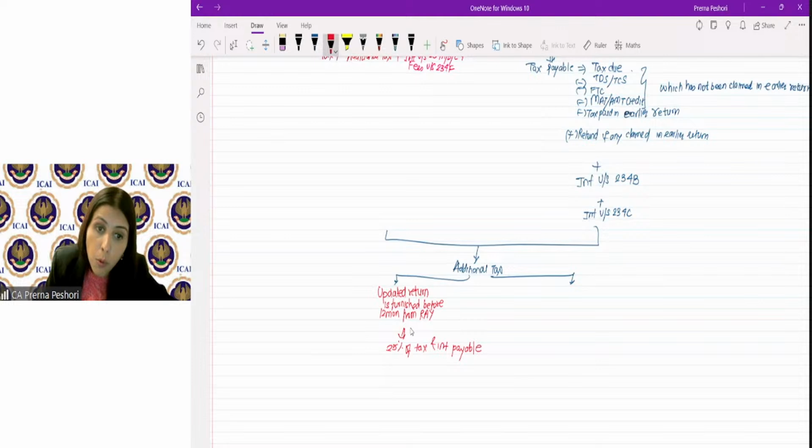Tax and interest both, 25% additional tax and interest you will have to pay.